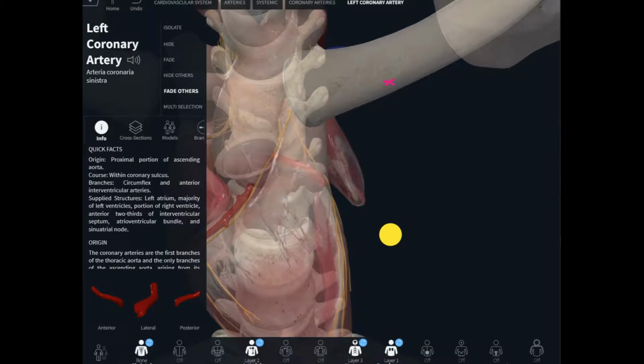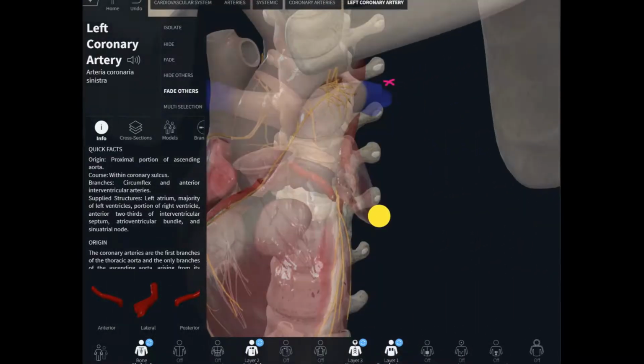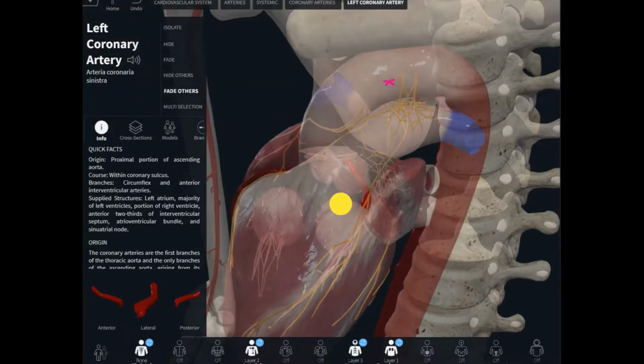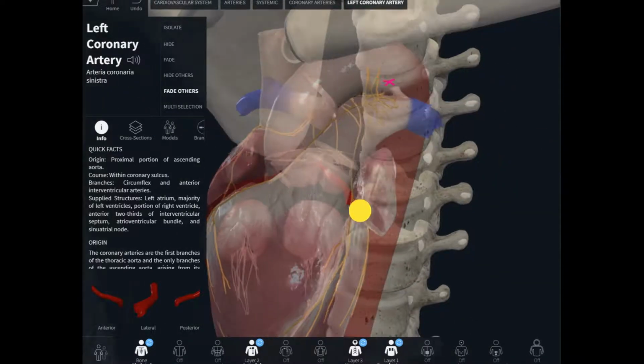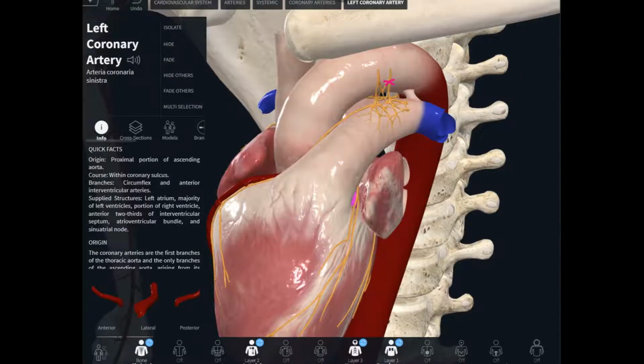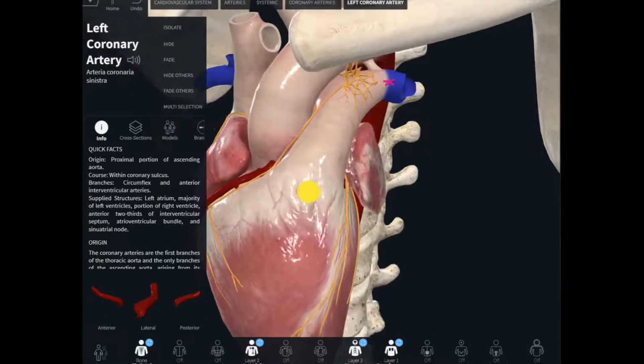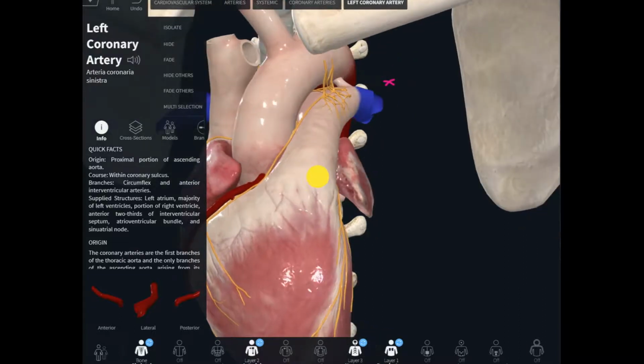But if I fade out other structures, you can make out that it lies right under the pulmonary trunk. And another thing that we can observe here is that it's in close relation with the right and the left atrium too. So of course it's the base of the heart.